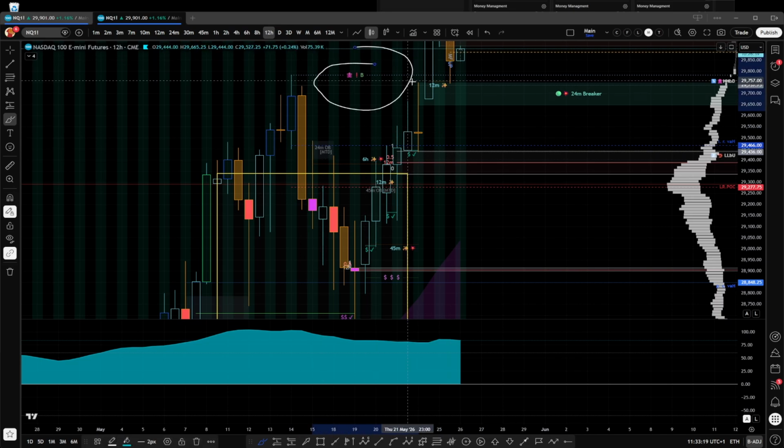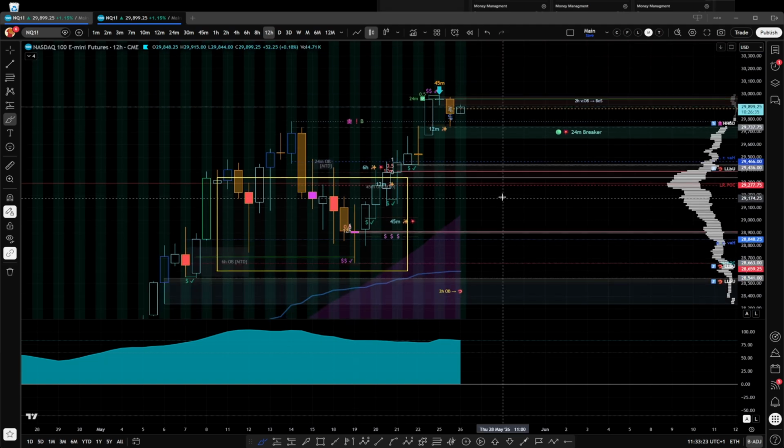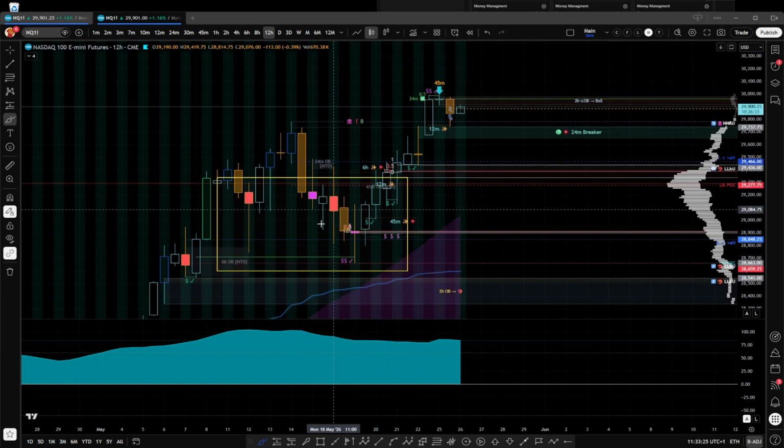So this is a midterm structural break, right? I didn't get everything I wanted to see down here in order to call this area properly dealt with.